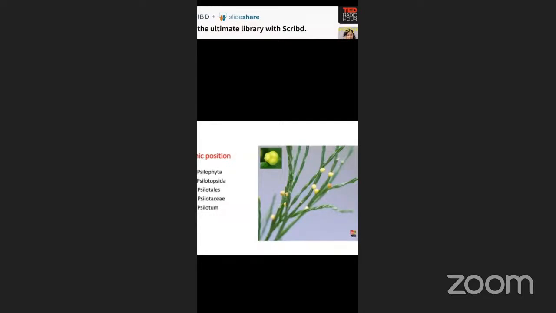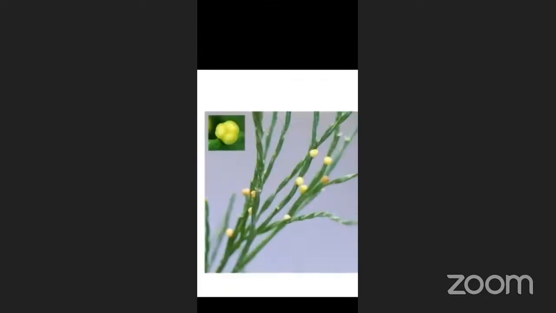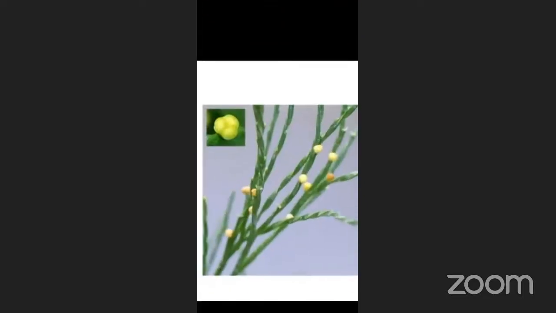The rhizomes are colorless or sometimes brown in color, and the shoot system is green in color. The aerial shoot, nothing but the stem, is multangular and ribbed in the lower part. See here in the picture, the diagram. The multangular structure is there.